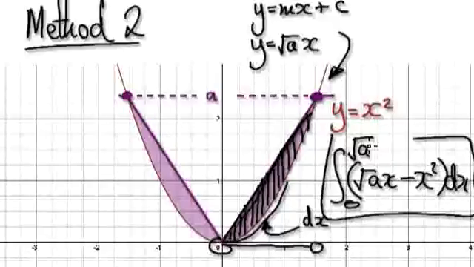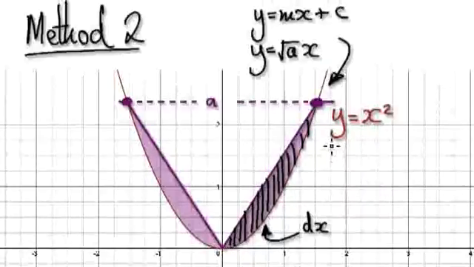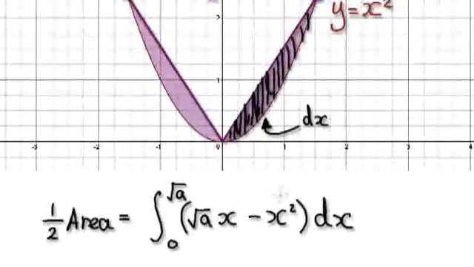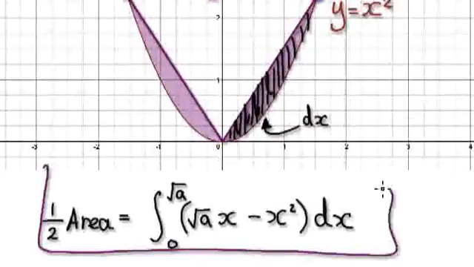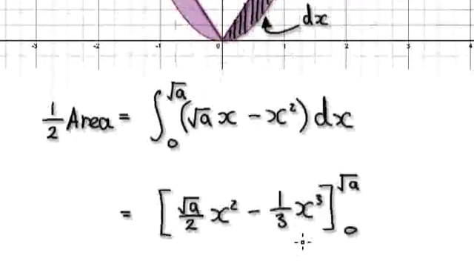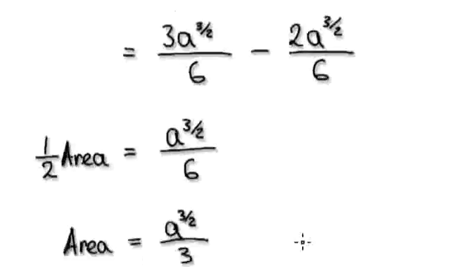So you're trying to evaluate this. The area here is given by this, so you can set it up as this, from 0 to root A, and then integrate it, and it will give you the same answer.